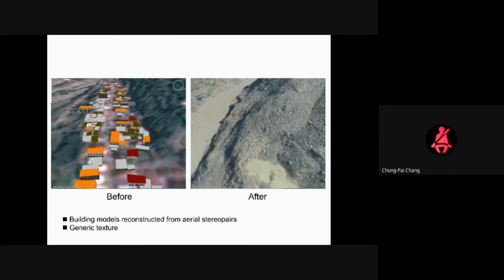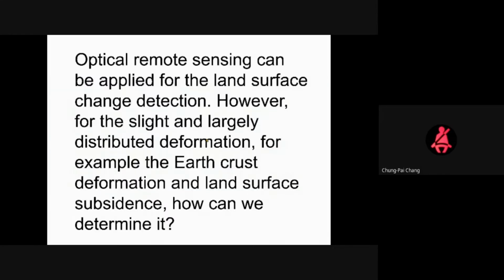But this is for an event that occurred in a very short time, where you can see the difference directly between the optical images. With optical remote sensing, we can see the surface change and do the detection very quickly. However, slight and largely distributed deformation, for example, land subsidence or creeping along a fault, is impossible to detect directly from optical images.